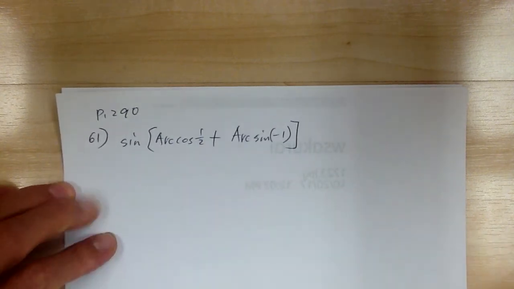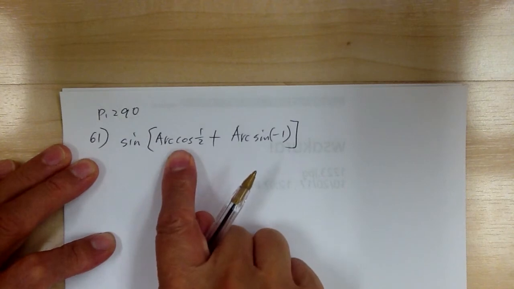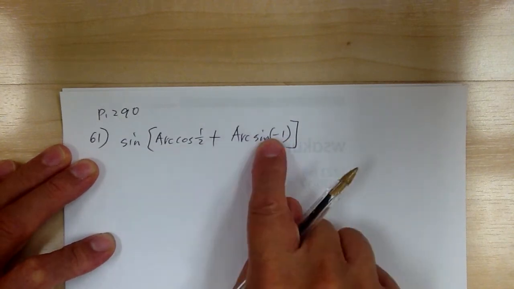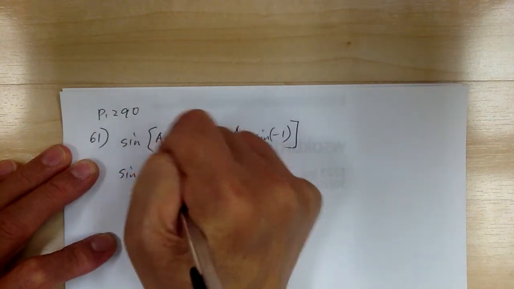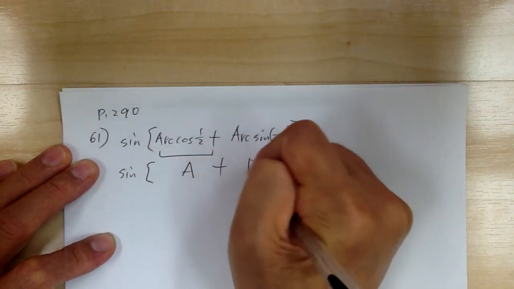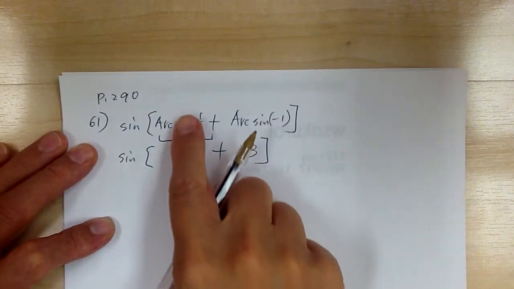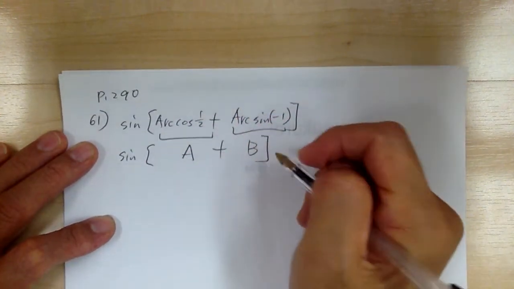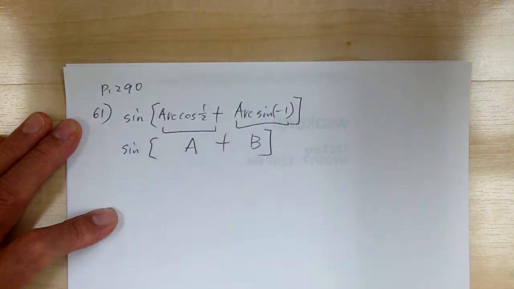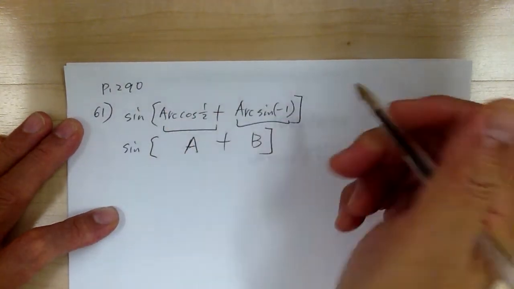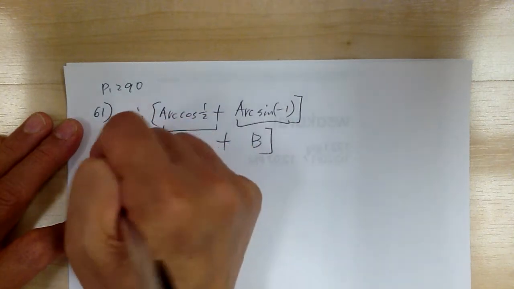Okay, so remember, as soon as you see the inverse function, that's the angle right away. So what you want to do right away is convert this into your angle A plus B. Okay, so that's your angle A, that's your angle B. So right away, as soon as you see inverse function, go and change into the angle. Okay, so you don't get confused. And you do the expansion.